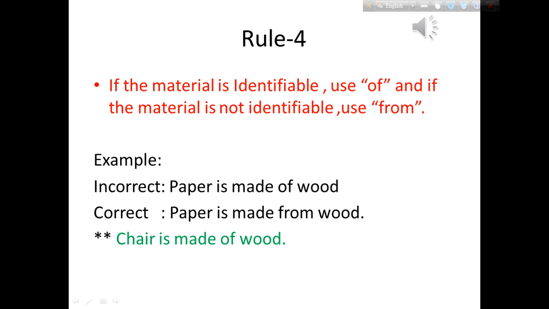And if you see a chair or table, you can easily identify that it is made of wood. So if it comes to chair, you can say chair is made of wood. But if the noun is paper, then you have to say paper is made from wood.